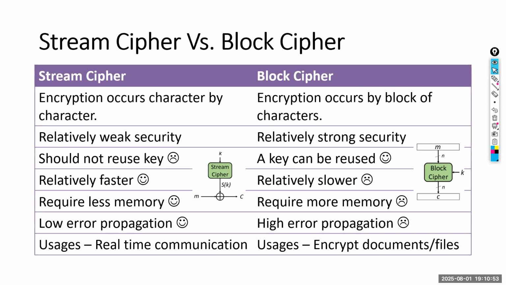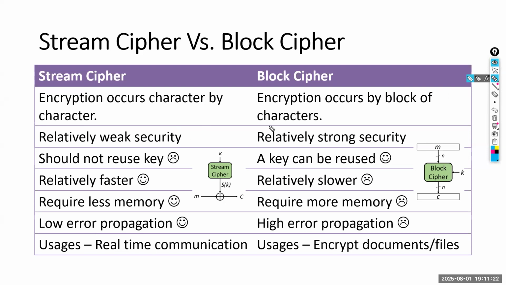In stream cipher, we do substitution or transposition character by character, whereas block cipher, we do it block by block. And today, when we start doing symmetric key cryptography, you will find that some algorithms are stream ciphers, some algorithms are block ciphers. Both approaches have their pros and cons.